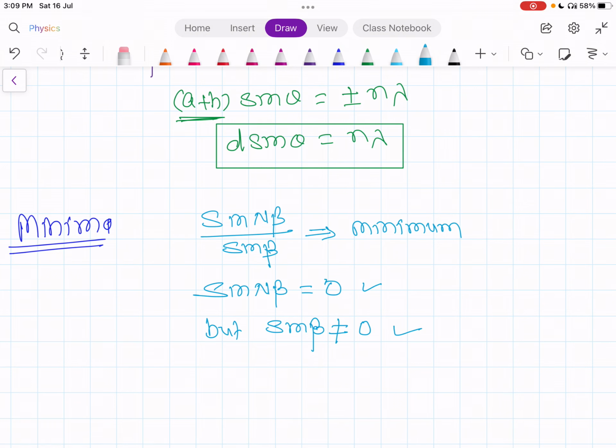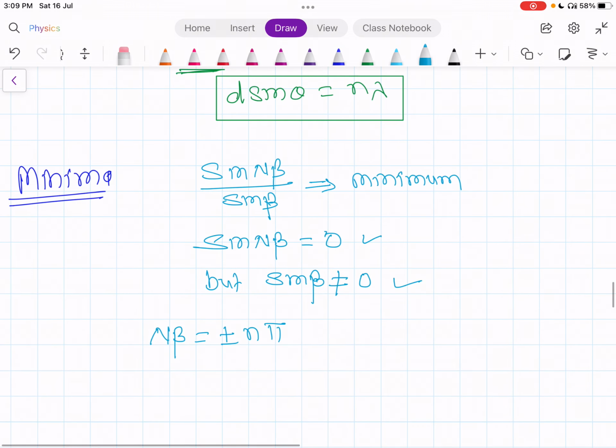And you get sin n beta 0 only when this n beta is equal to plus minus n pi. And that is equal to n times beta, and beta is pi by lambda times a plus b sine theta.